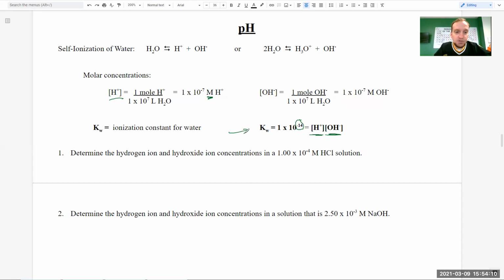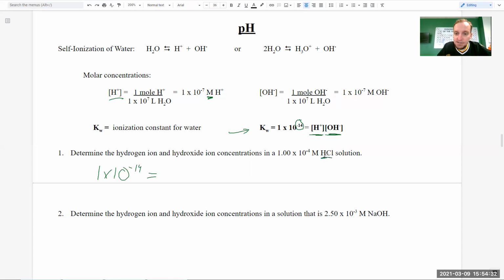It says determine the hydrogen ion and hydroxide ion concentrations in 1.00 times 10 to the negative 4 molar hydrochloric acid solution. So what we need to do is we need to realize this equation tells us that 1 times 10 to the negative 14 equals my concentration of H plus ions.